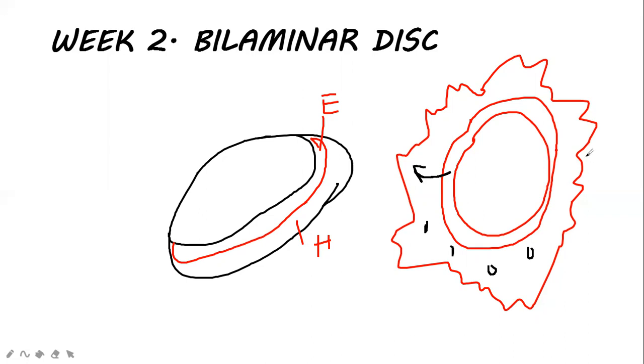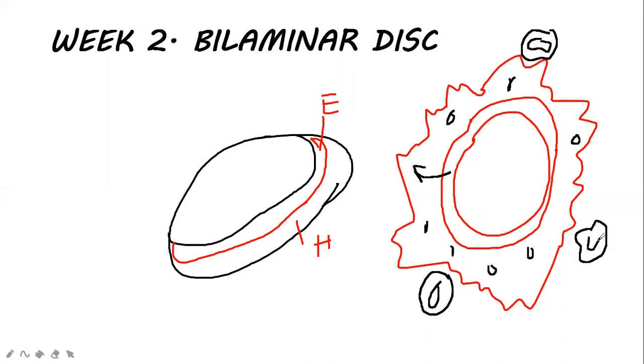That's called the syncytial trophoblast. It's a multinucleated structure, and it has corrosive effects. This is the one that will be corroding the maternal blood vessels.